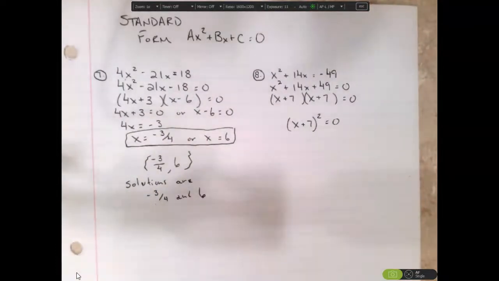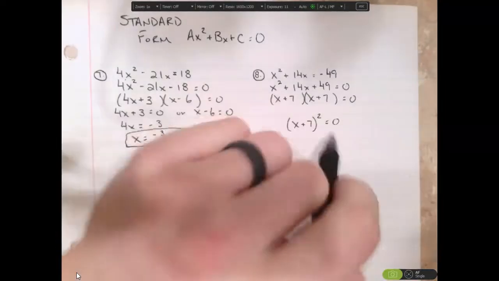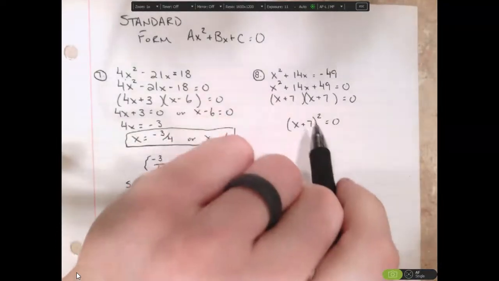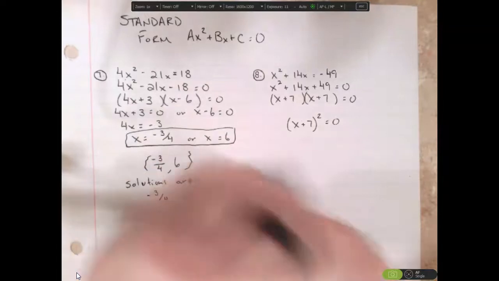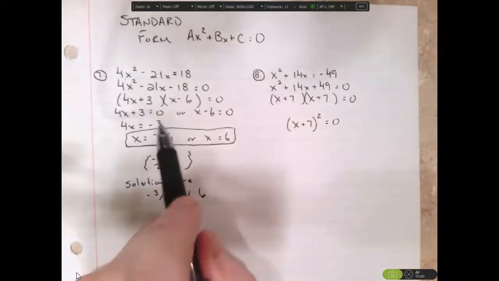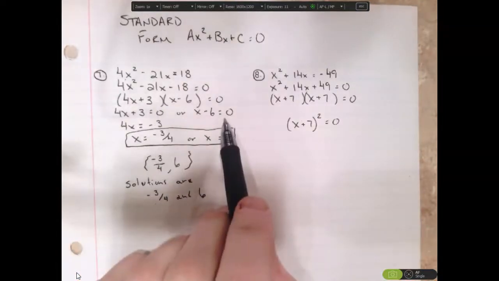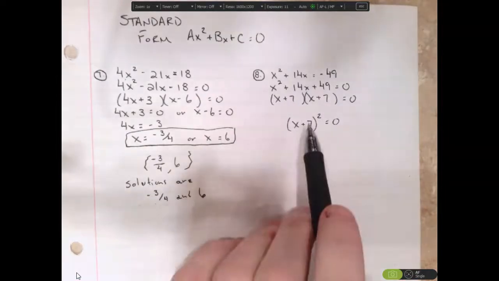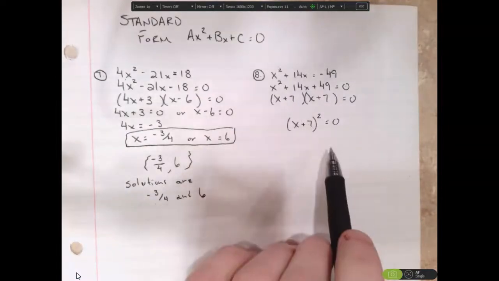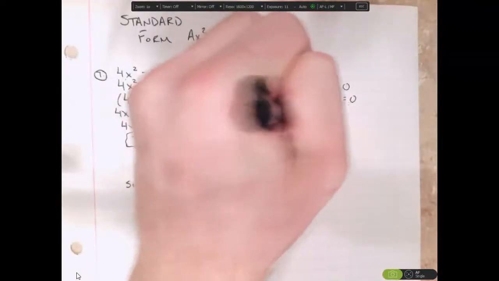Now, when this is the case, and you have the same quantity squared, your A and your B, when you put them equal to 0, because it's the same thing and they're squared, they're also going to be the same thing. So you can go through up here and do x plus 7 equals 0 and x plus 7 equals 0.